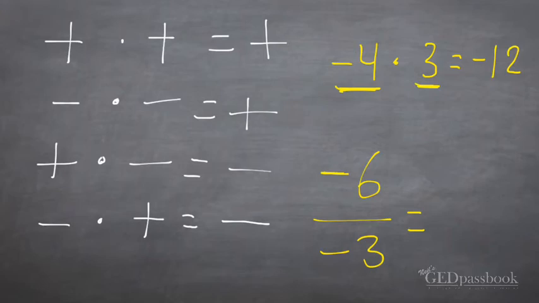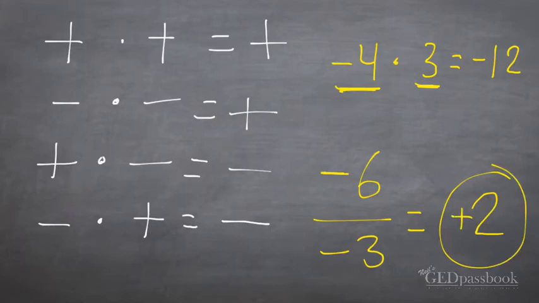What is it? 2. Then ask yourself about the whole sign and its operation and its rules. It was a negative 6 divided by a negative 3. What's a negative divided by a negative? Positive, which means your final answer is 2. Again, no need to put a plus 2. It's just 2.